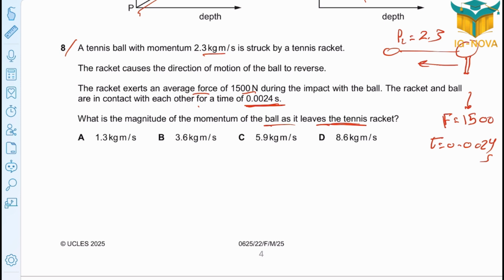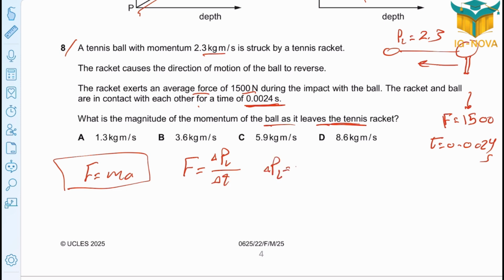If you remember the rule for force, I know that it's mass times acceleration. This is the first rule. And the second definition, we define force as the change in momentum during a time interval. For that, the momentum change here is force times time.